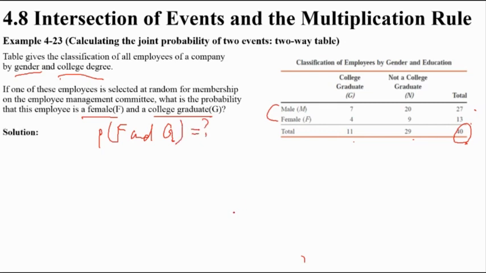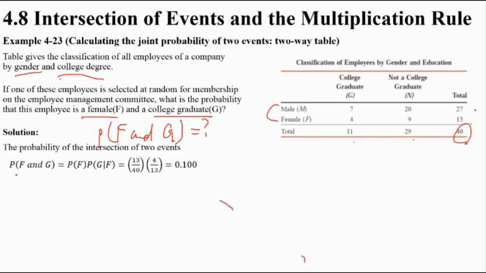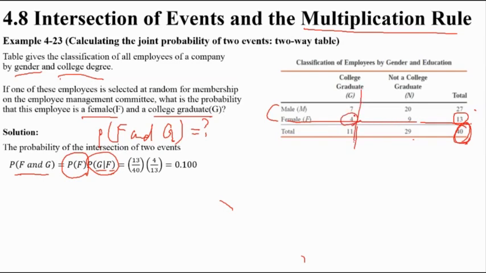Okay, so we have two ways. First of all, using the intersection, joint probability, with the multiplication rule. So this means P(female) multiplied by P(graduate given female). For female it's 13 out of 40, and among the females, graduates are 4 out of 13.